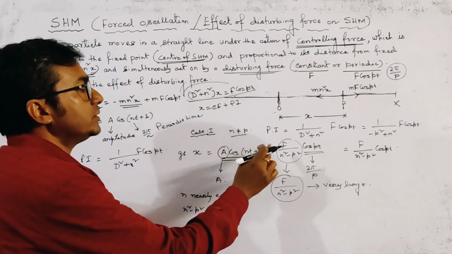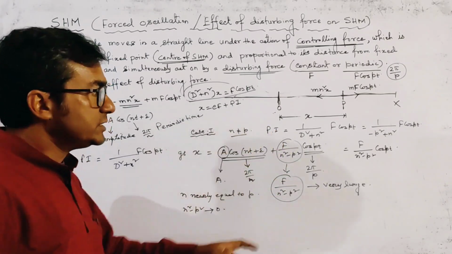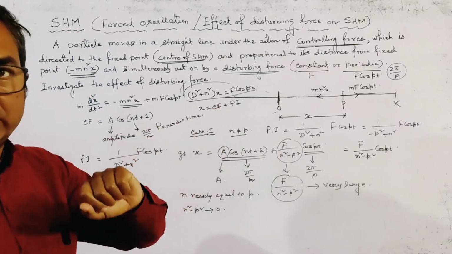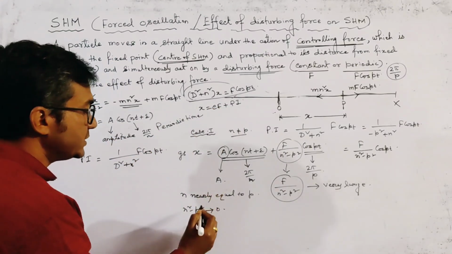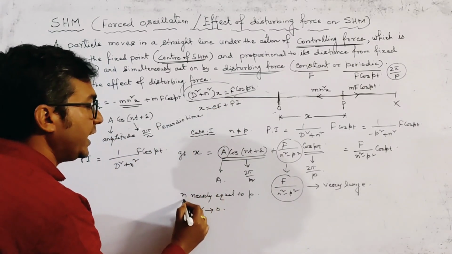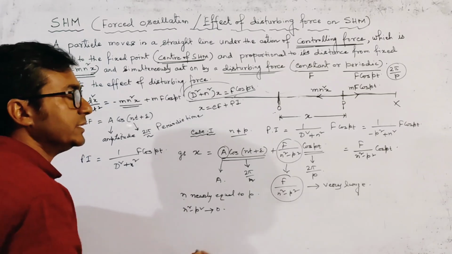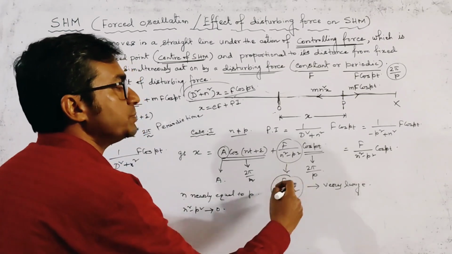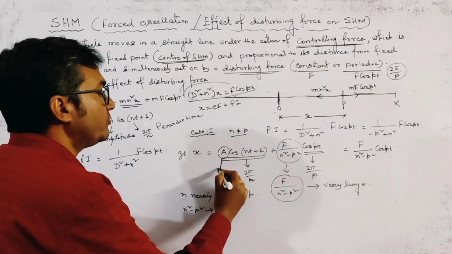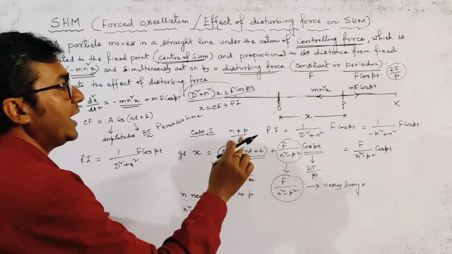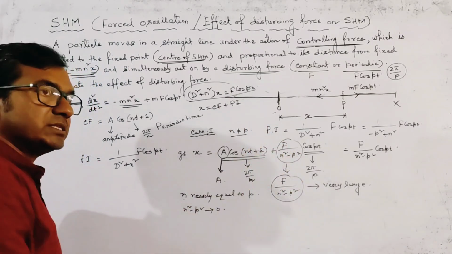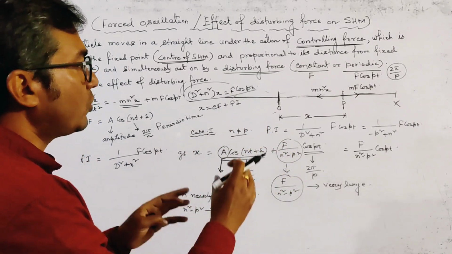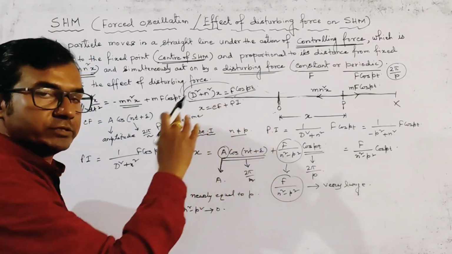Okay, and the second oscillation is known as forced oscillation. Since in this case, when n is nearly equal to p, this amplitude is very large compared to that of A, this forced oscillation is of our primary importance.